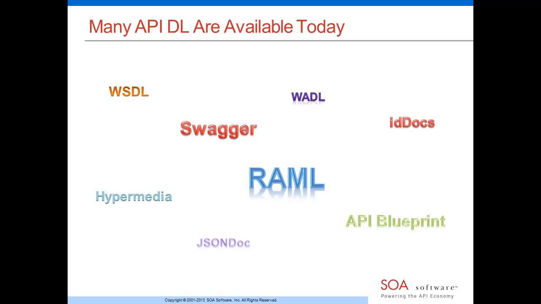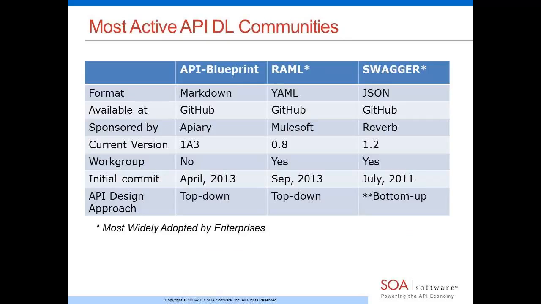But the other API description languages available today, just go ahead and Google. You're going to see JSON docs, API Blueprint, I/O Docs, RAML, Swagger, and Hypermedia. By far, the three most popular that I've seen and investigated are API Blueprint, RAML, and Swagger.